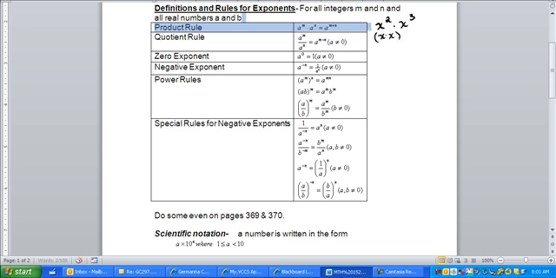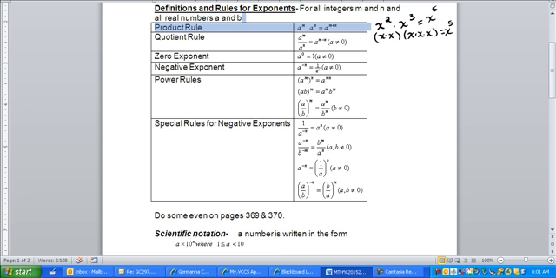It means x times x. X cubed means 3 factors of x. And so if we count in all, we have 5 factors of x. So the shortcut is to add the 2 and the 3, and we get the 5. That's what this is saying: if we have a to the m times a to the n, the same base, we add the exponents.